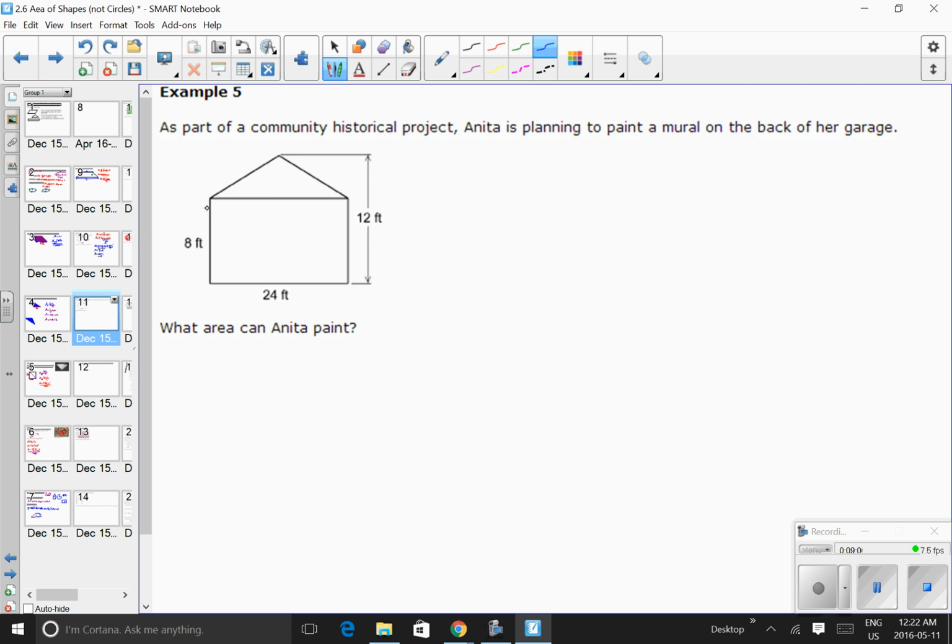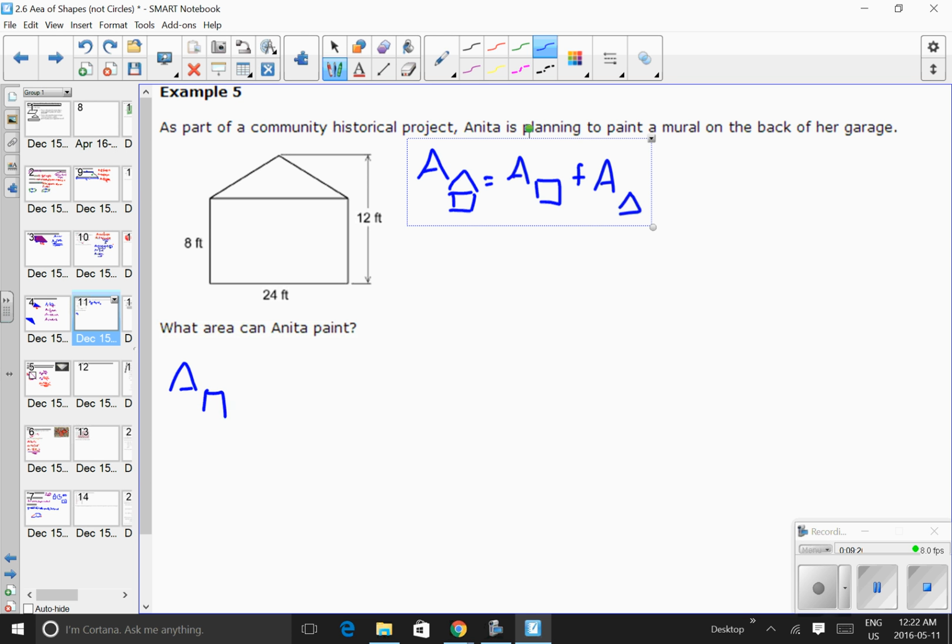So you'll notice I have a rectangle and a triangle. So the area of the house is equal to the area of the rectangle plus the area of the triangle. Fair enough. So let's do the easy one first. Let's do the rectangle.